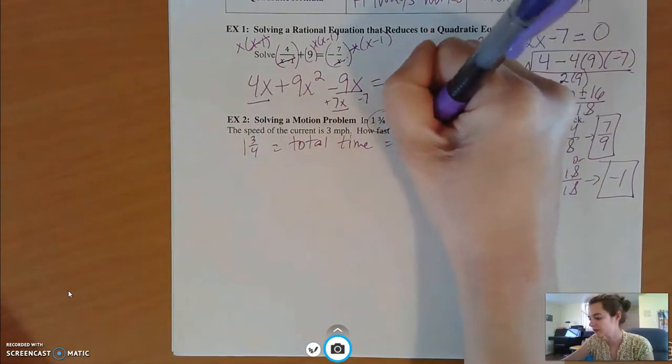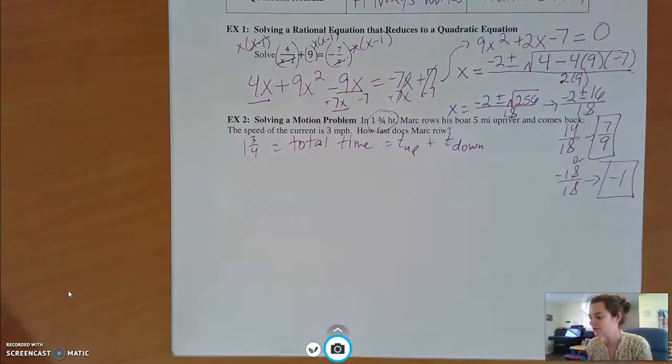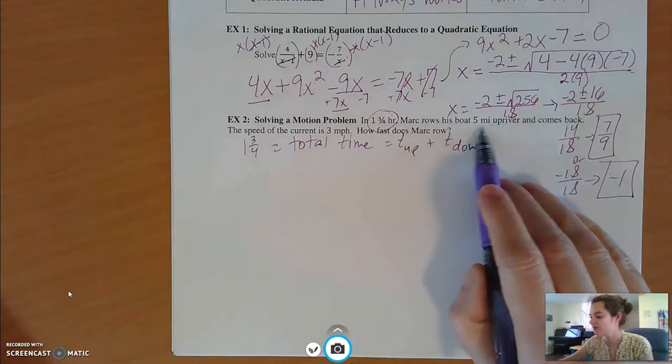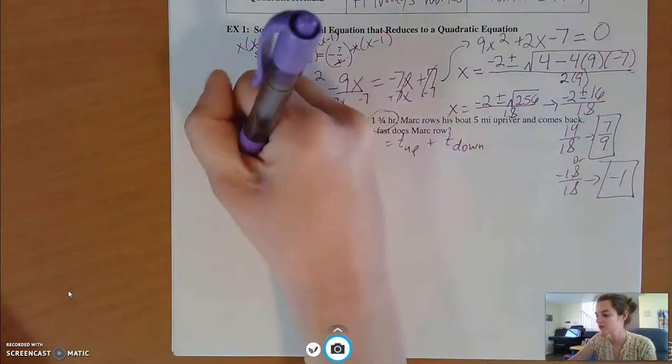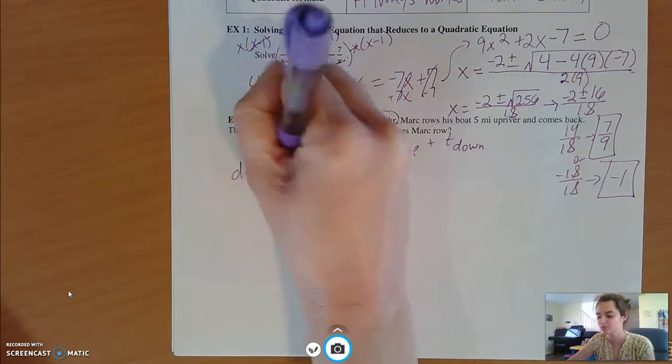So time to go upriver plus time to go downstream. Okay. The next thing that we know is that Mark rows his boat 5 miles upriver, and then he comes back. So we know distances.